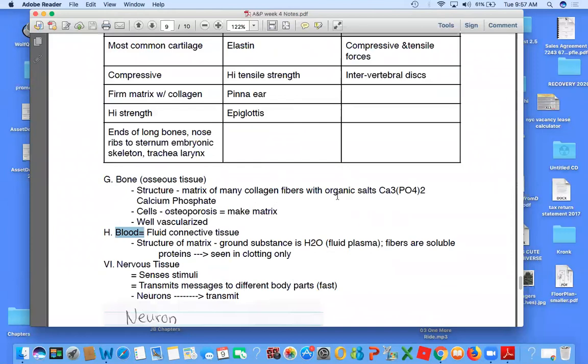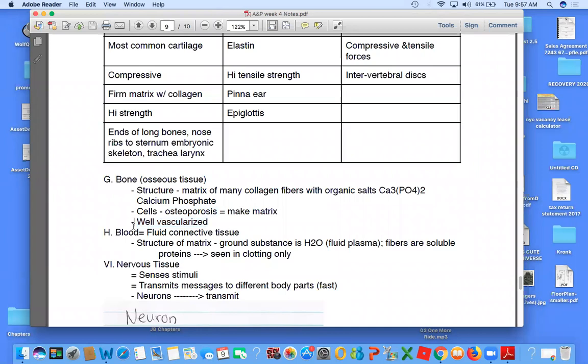Bone is made up of organic salts that make a very strong matrix. We will talk about osteoporosis, or thinning of the bone, in another lecture, but the matrix gets weaker as we get older. And it's very well vascularized. We'll talk in the bone lecture about just how easy it is to heal bone because it has many vessels.